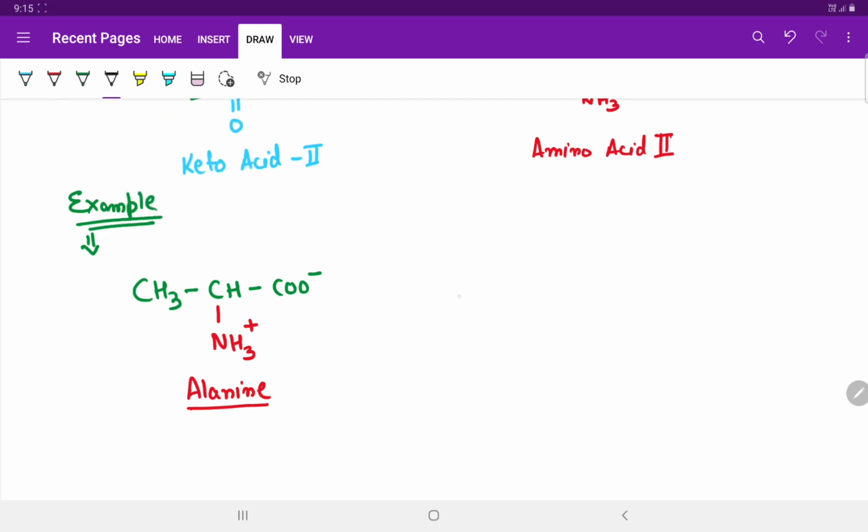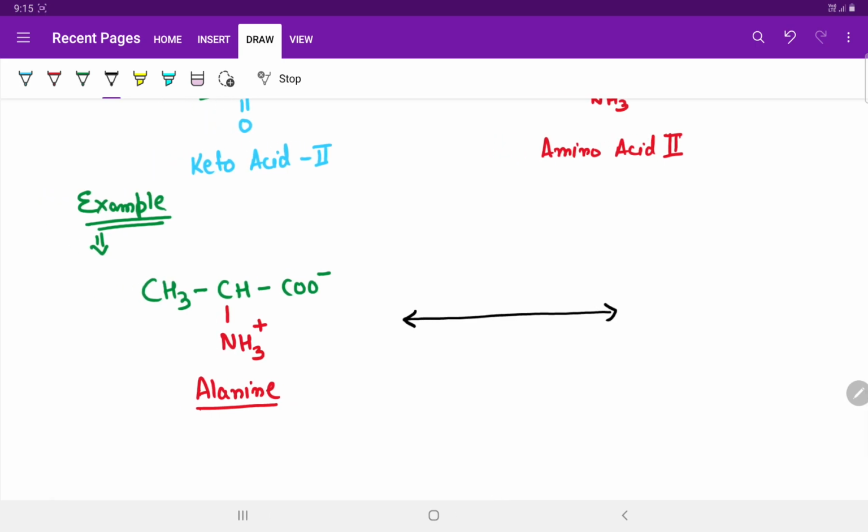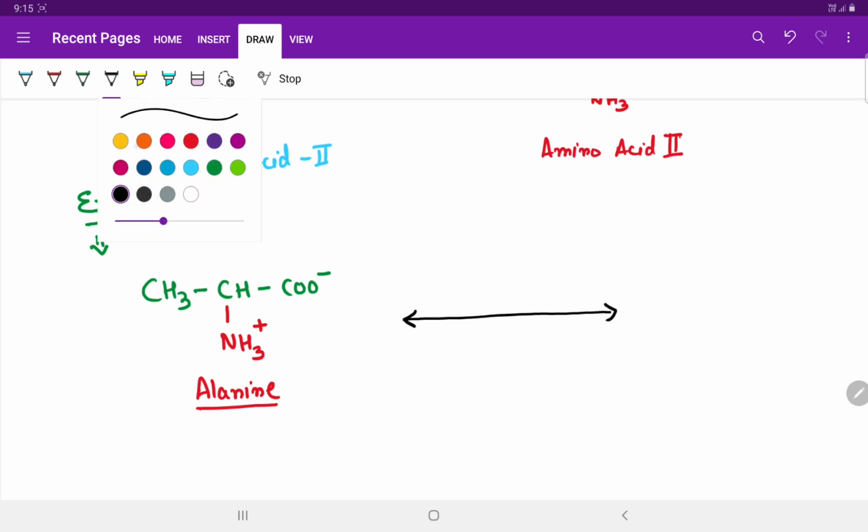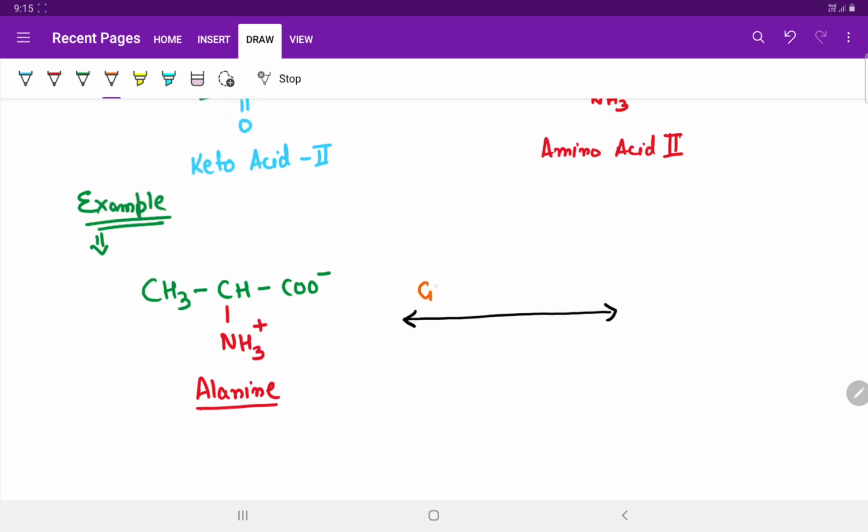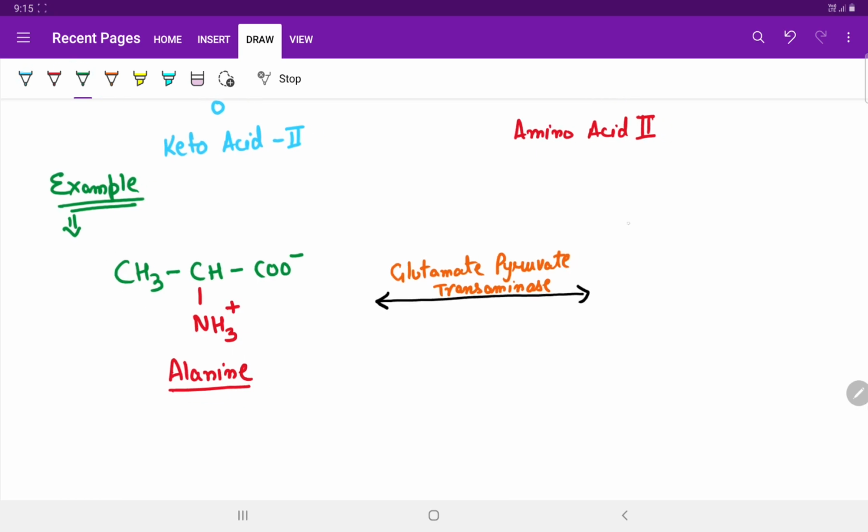Students, this is an example we are going to discuss. Now this alanine is acting as an amino acid 1. In presence of enzyme glutamate pyruvate transaminase, this is converted into pyruvate molecule.